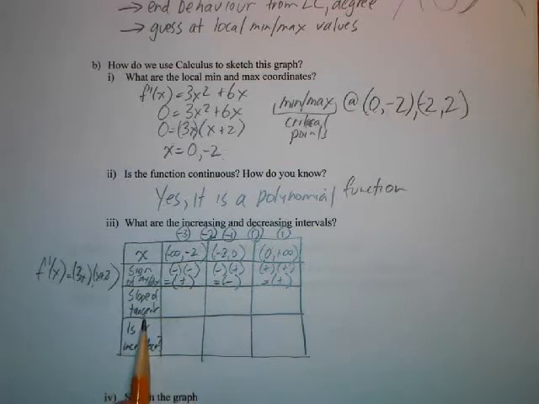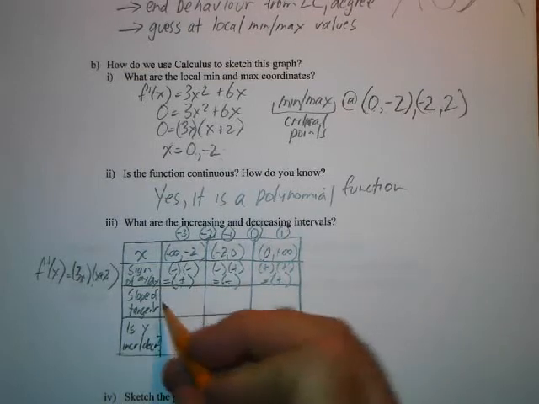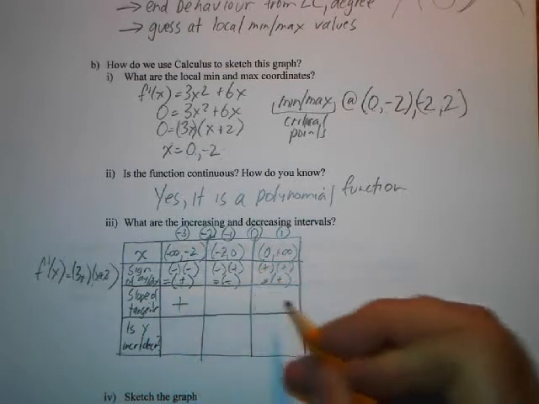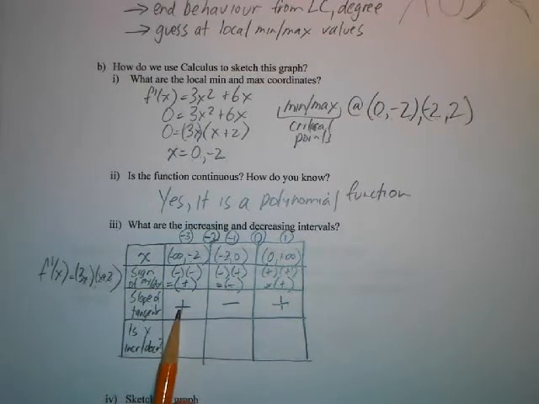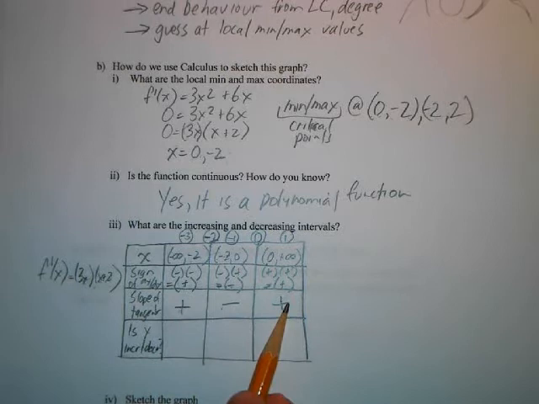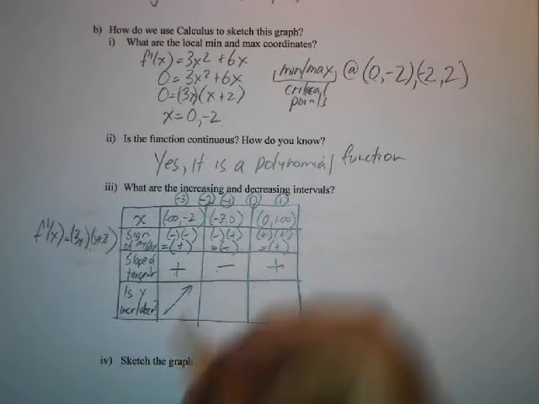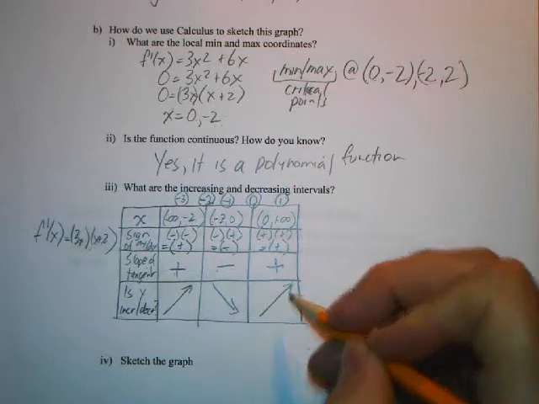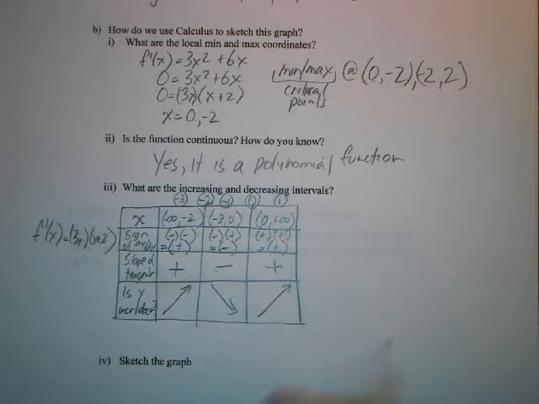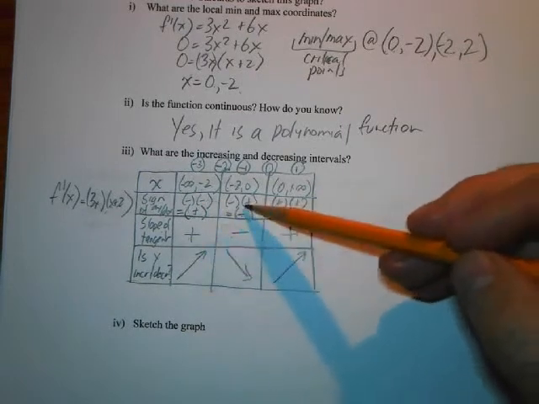So the slope of the tangent here will be positive, here is negative, here is positive. So that means increasing, decreasing, increasing. Okay, and to make it more visual, I could just put up to the right, down to the right, up to the right. And why we do this, because you could really say, well, these 3 things are all the same.